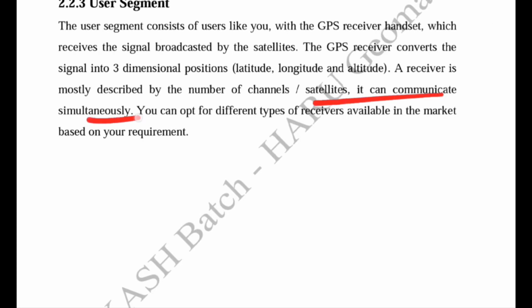This point we will study in the types of GPS receivers, which are classified on the basis of their frequency, or we can say their accuracy, or also on the basis of number of channels it can communicate with simultaneously, meaning single frequency, dual frequency. There are different types of GPS receivers we will study in upcoming lectures.